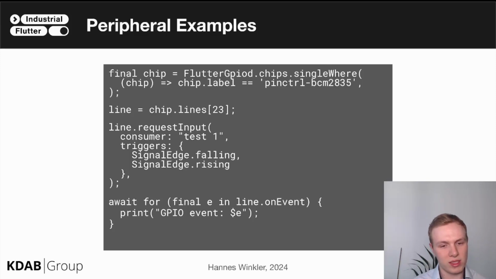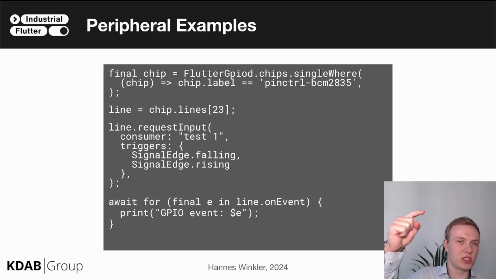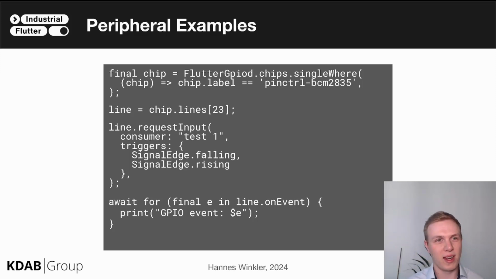Here we request it as input and also listen for edge events, and then you get an event in Dart in Flutter when something happens with the line, like it switches from high to low or something like that. And you could use that also to connect a small physical button to your board, or yeah, other things you can do with GPIO as well.